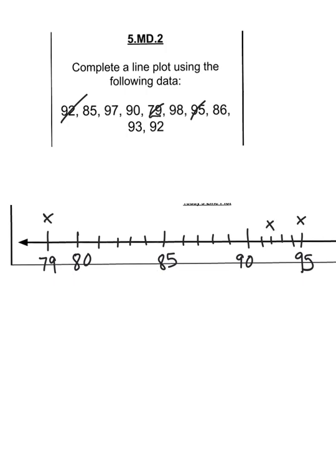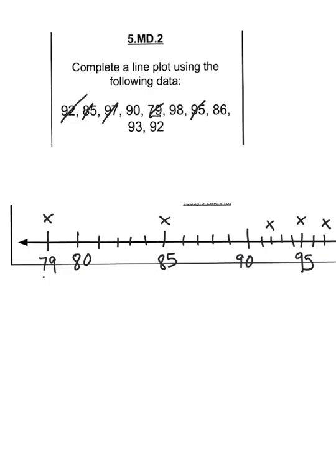Okay, so a lot of times what people have a hard time with is deciding how to spread out their intervals, like starting from the lowest value and going to the highest value and then spreading out everything else in between. So I would encourage you to kind of test it out a couple times. Oh, look, looks like I missed my highest value is actually 97. Test it out a couple times in case you make a mistake or you want to change something.